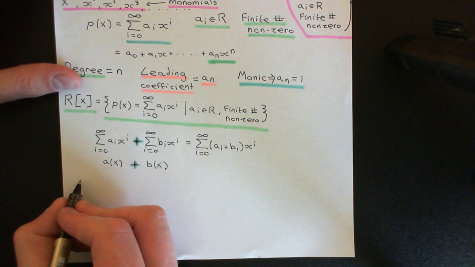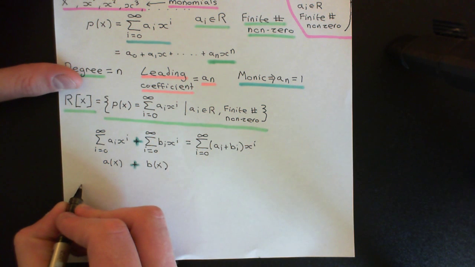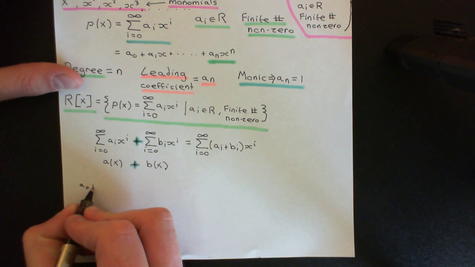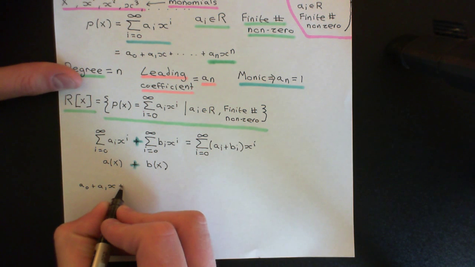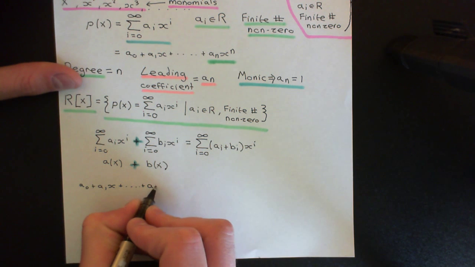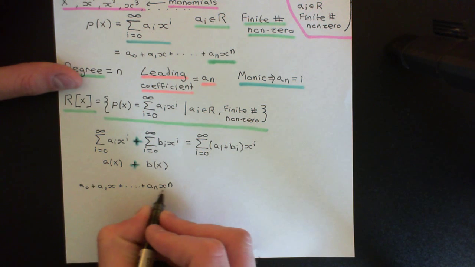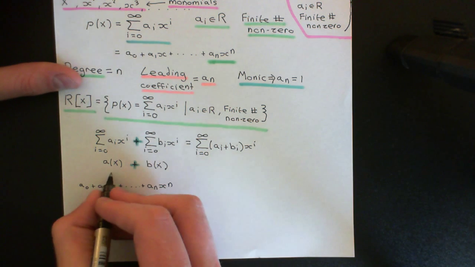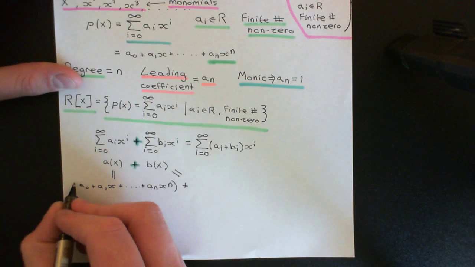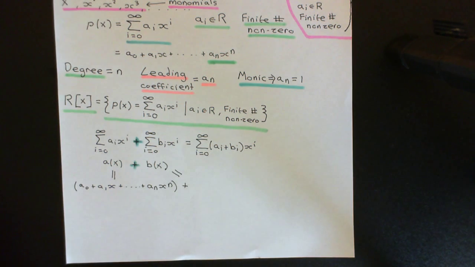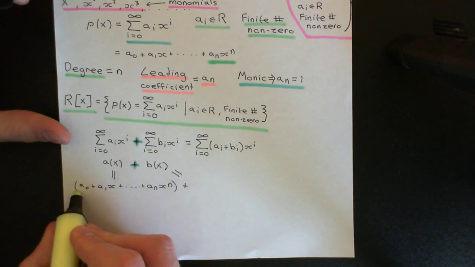Writing this out explicitly, we've got our polynomial a(x), which will look something like a_0 plus a_1 x plus all the way up to a_n x^n, where n is the degree of a(x). I'll try and color code this a little bit.